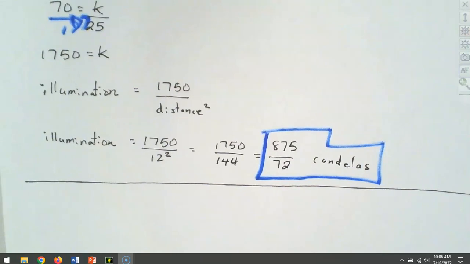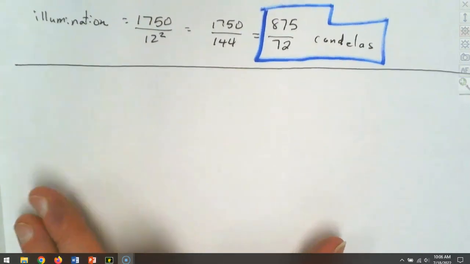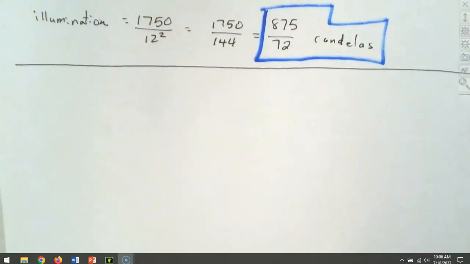Now we're going to talk about joint. And in joint variation, several things can go together. Anytime you have several things going together, if it says inverse, that means divide. If it doesn't, that means we just keep it on the top. So we're now going to look at a couple of these, and these are joint variation.